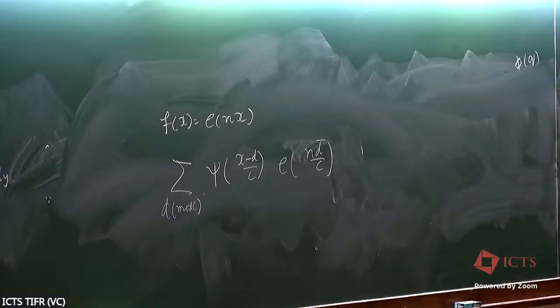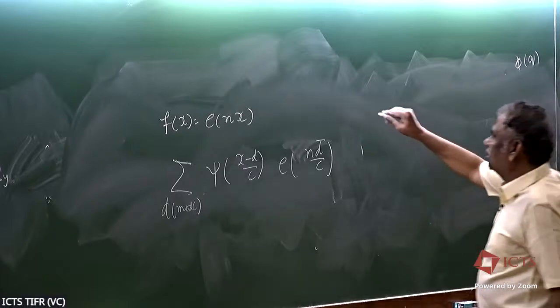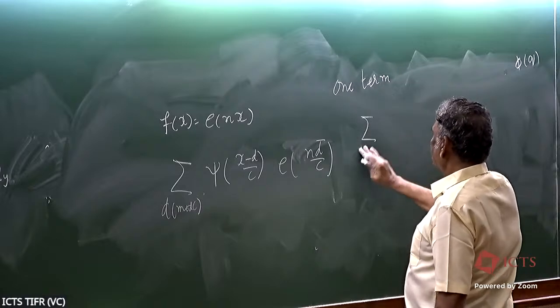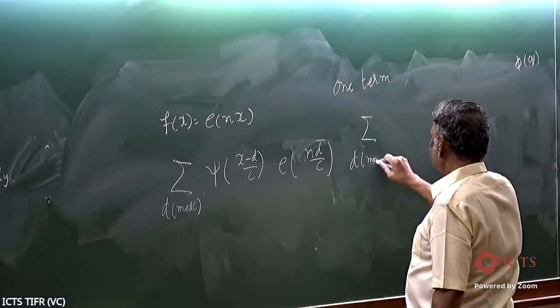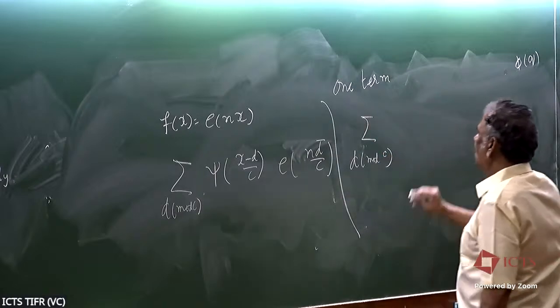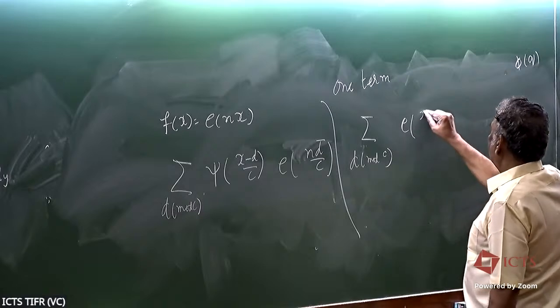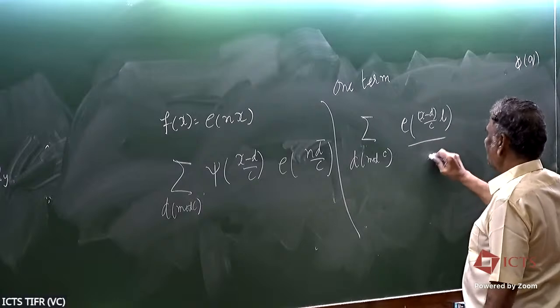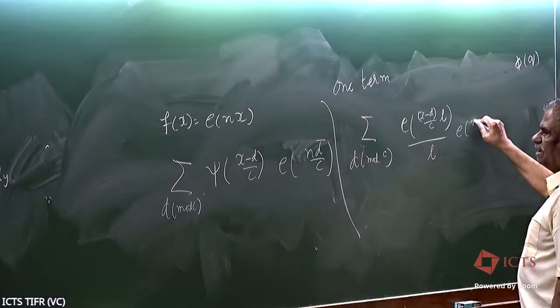And now this psi has a Fourier series expansion, and we said that we can use many techniques essentially to make the Fourier series expansion into a finite sum. And therefore, I have to take only one term of the Fourier series expansion and then try to see what happens. Therefore, now one term of this Fourier series expansion will give you the summation over d modulo c of e of (x l d divided by c) divided by l, times e of (n d bar by c).